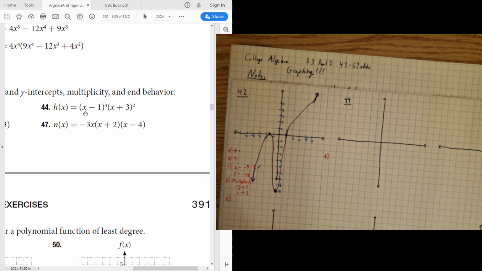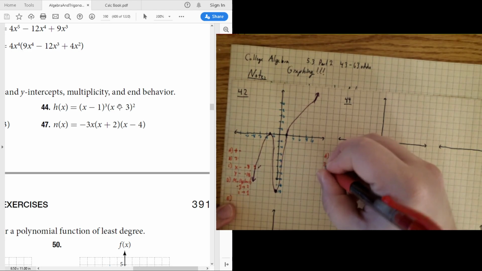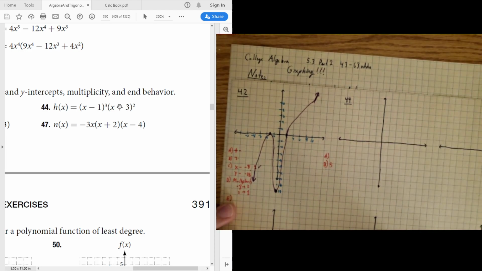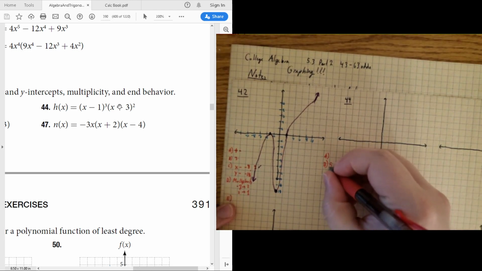Well, what I do is I look at the coefficients and the powers, and I multiply together. This tells me there are 3 x's here and 2 x's here for a total of 5 x's. So I know it would have a degree of 5. And because none of them are negative, I know it's going to be a positive solution.